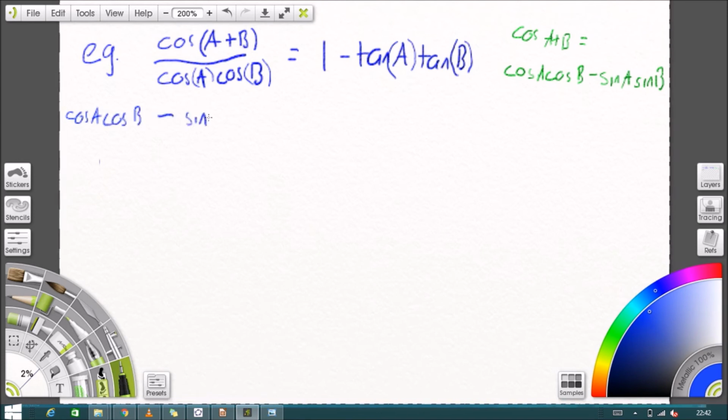So just switching out the numerator, the top part of the fraction, I've got cos A cos B minus sin A sin B over cos A cos B, and I can split that in half around the minus part.